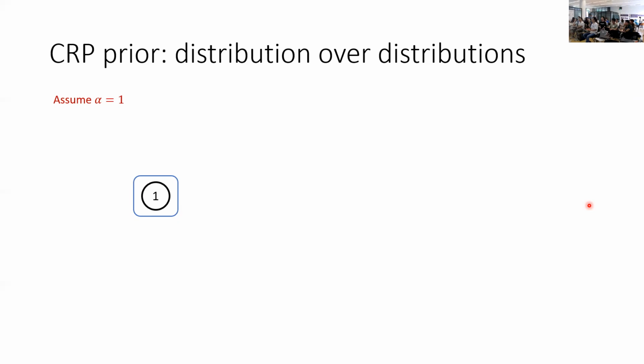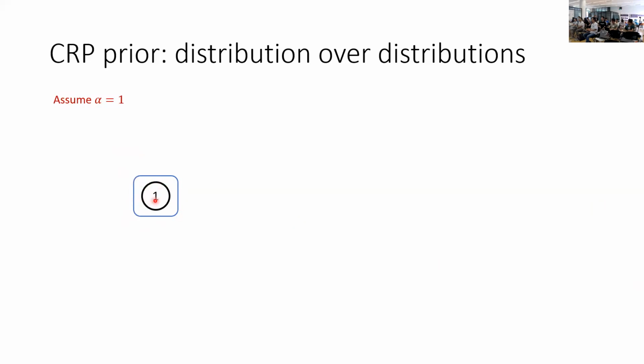A different way to look at the same problem is, we still assume alpha equals 1, and we only care about how many customers there are on a specific table. When the first customer comes, of course, the customer could only go to a new table.